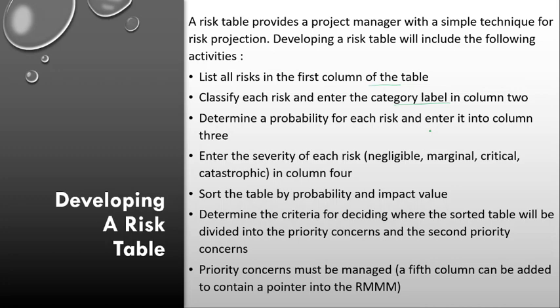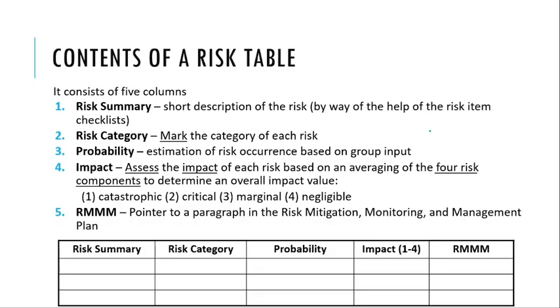The priority concern must be managed again, so a fifth column may be required, which can be added to contain a pointer to the RMMM, that is, risk mitigation, monitoring and management, which we will discuss.